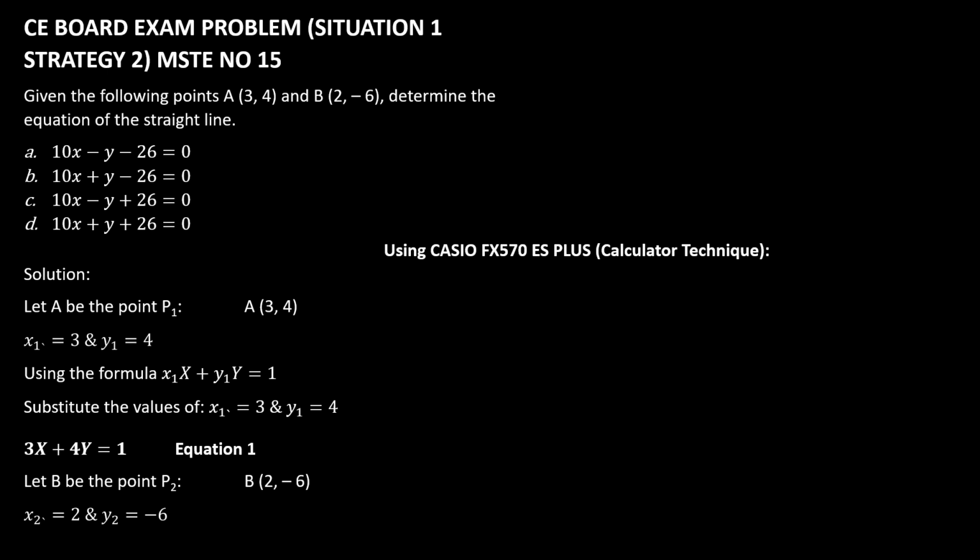After the substitution process, we now have our equation 1 as 3X plus 4Y equals 1.